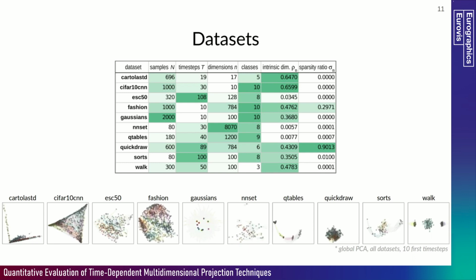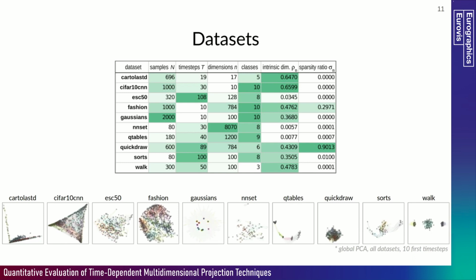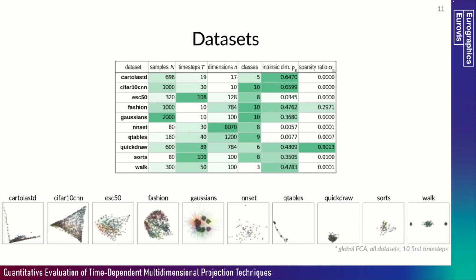And as you can see by the animation on the bottom of the screen, and by the features shown on the table, there is some variety to our collection. But the universe of possible time-dependent multi-dimensional datasets is huge. So all we could do was to try and do our best to get a sample that was sampled roughly along these several axes.